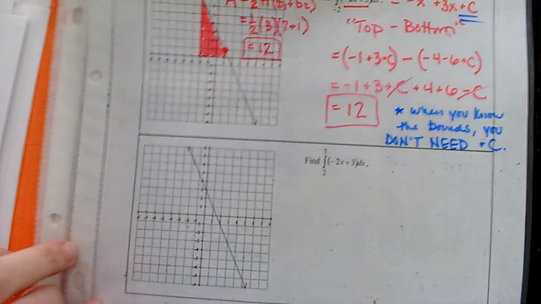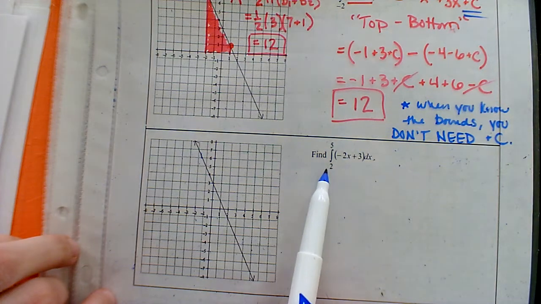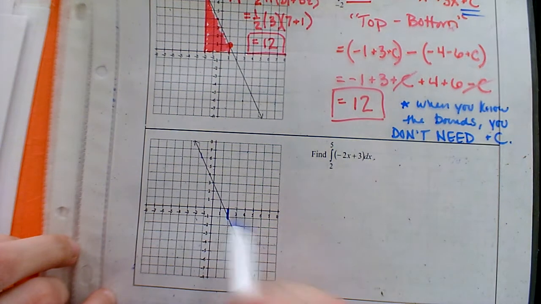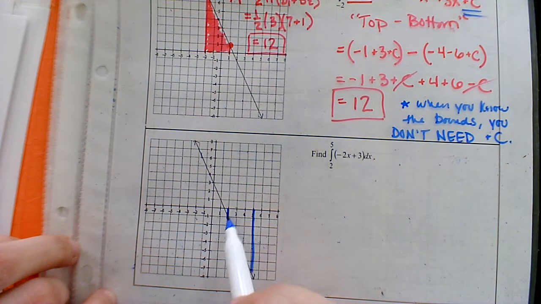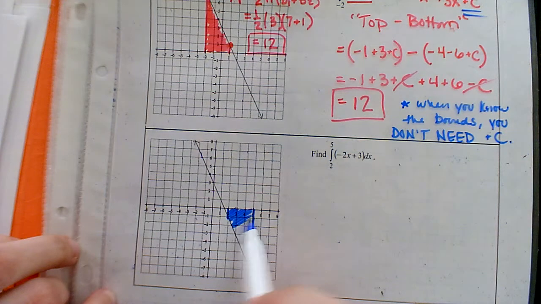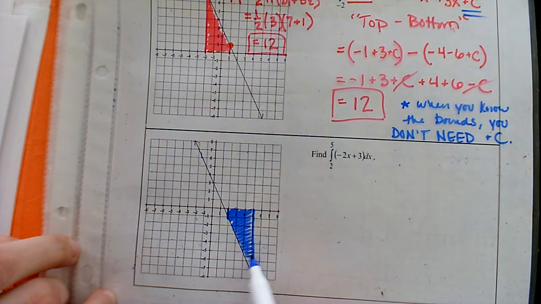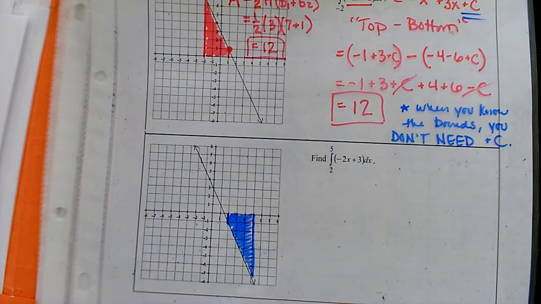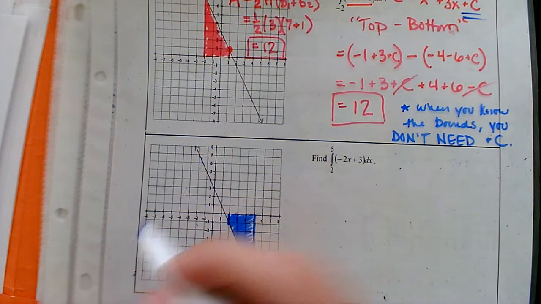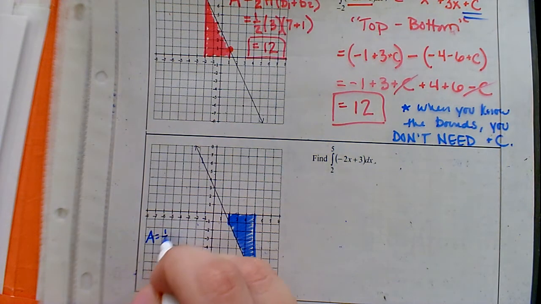We still have the same line. This time our bounds are from 2 to 5. So visually, let's shade in that area. Is that an easy geometric shape that we can find the area for? It's another trapezoid, right? So let's try this one.